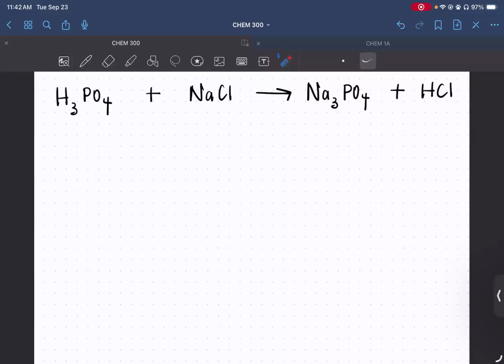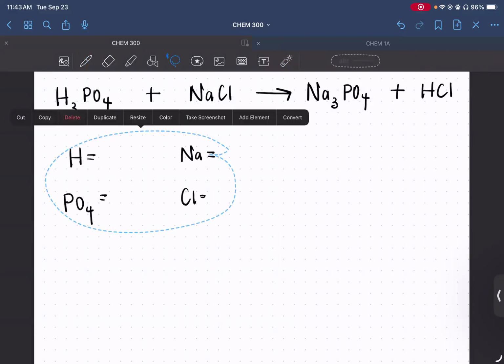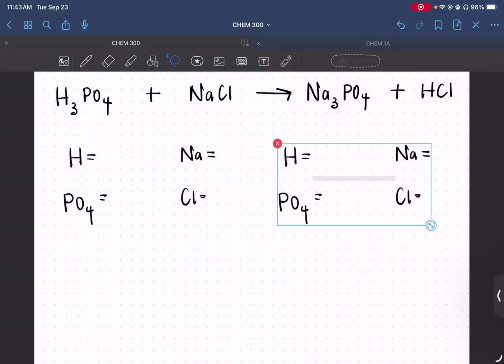I do recommend you take the very tedious route and outright label each ion. We have a hydrogen, we have a PO4, we have a sodium, we have a chlorine, and all of these are also on the product side.